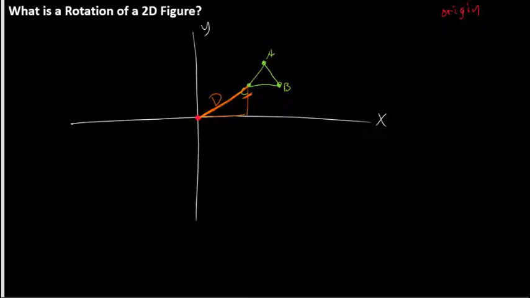So let's say I rotate it. And I'm going to look at this leg of my right triangle. Let's say I rotate it 90 degrees. We'll go ahead and talk about clockwise and counterclockwise. So see this arrow, how it's turning left? Imagine turning a steering wheel and you want to turn the car to the left.